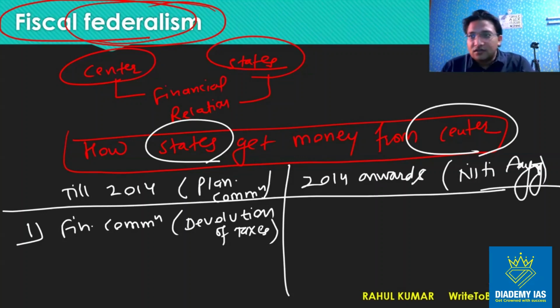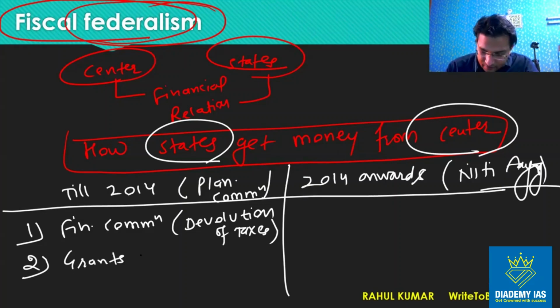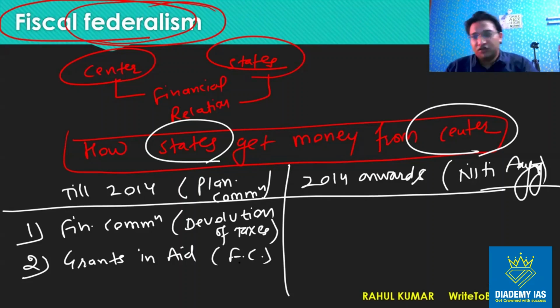So how such taxes are devolved by the center to the state? That is a mechanism which is decided by the Finance Commission. ठीक है? Second, there are some grants in aid which are also given as per the Finance Commission recommendation. ठीक है?